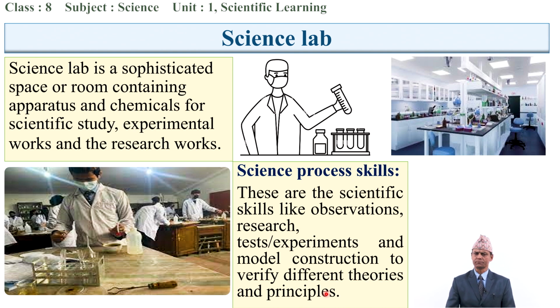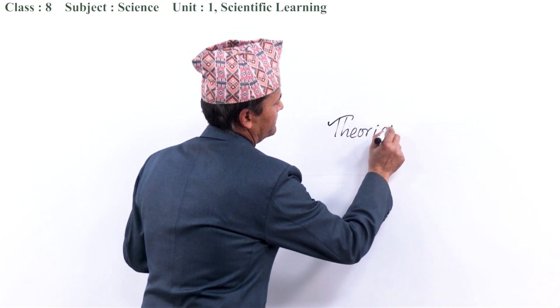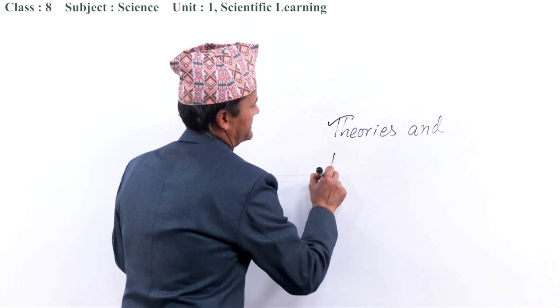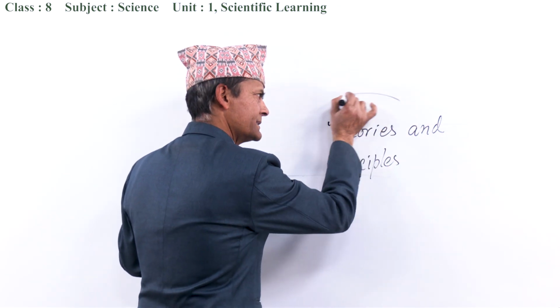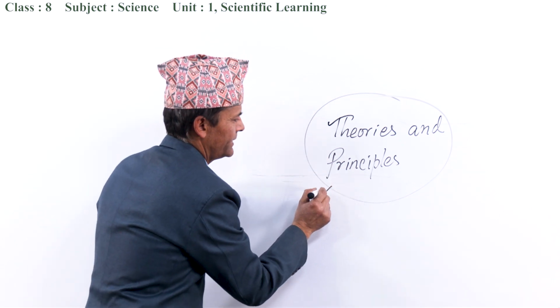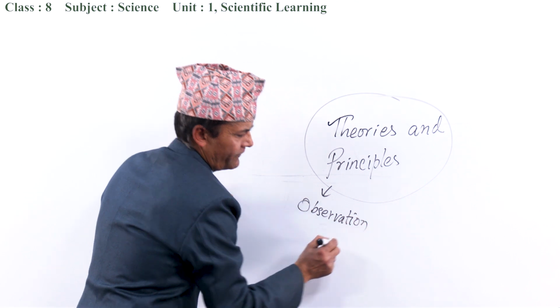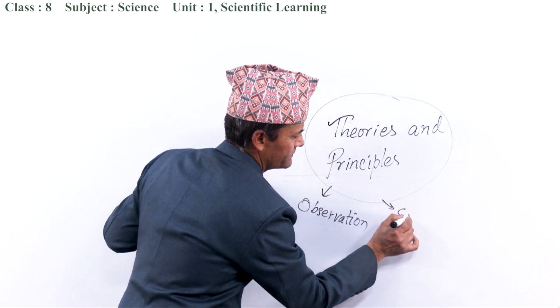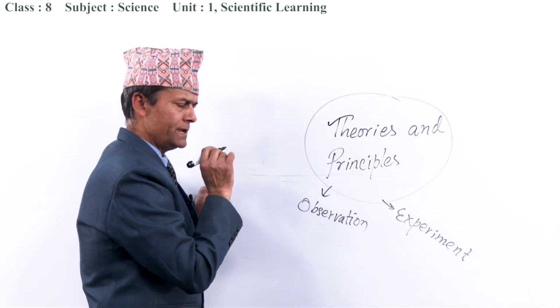We follow the science process skill to verify different theories and principles. These theories and principles, how are they verified? Verified by observation, verified by experiment, isn't it? Mainly observation, experiment.